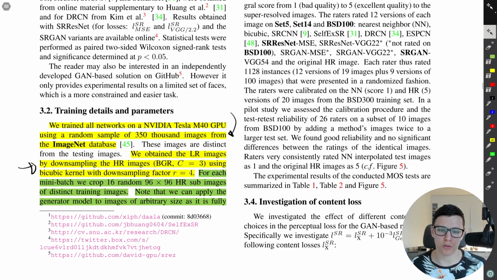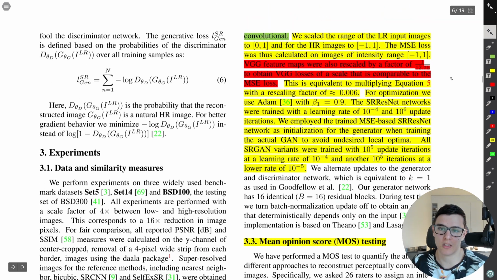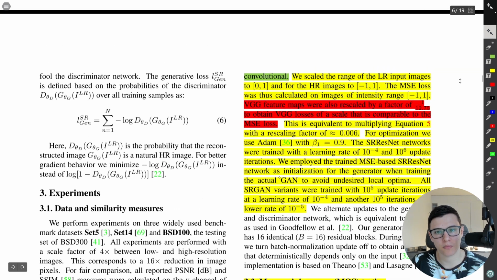Because it's fully convolutional, even though you train it on high resolution 96 by 96, which is not high resolution by any standard, and when you downsample you get 24 by 24, so you train the network to upscale 24 by 24 to 96 by 96, since it's fully convolutional, you can still use it on 1024 pixel images and then upscale it to 4K or something. So that is still going to work, which is interesting.